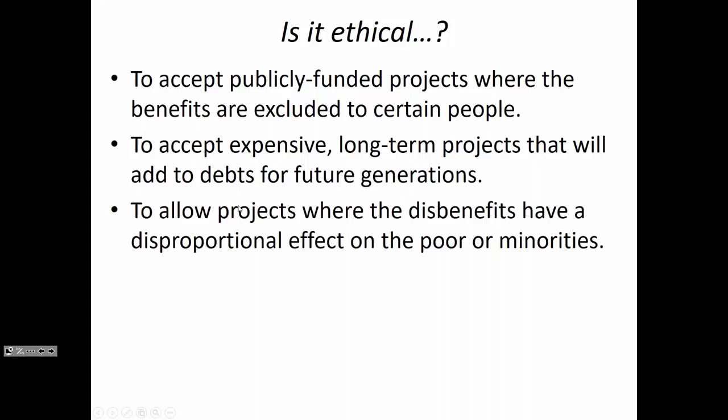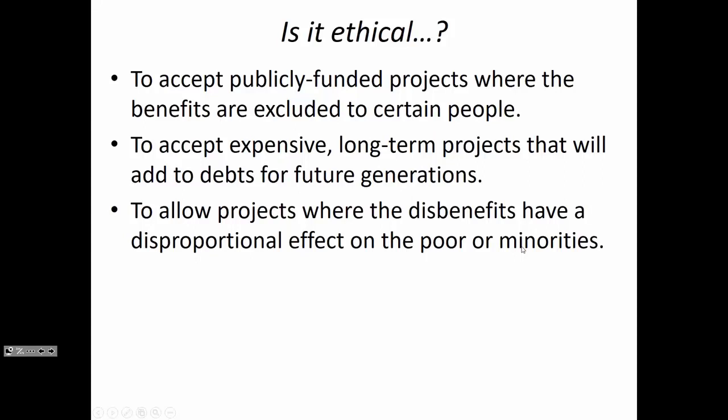I spoke about this earlier, the idea of projects where the poor or minorities are disproportionately disbenefited. When we were talking about where a road goes, oftentimes it's suggested to put interstate highways through poor areas because land is cheaper in poor areas. But then another part of that is just that poor people are in less of a position to put up a fight because they can't hire lawyers to the same extent that if the highway was going through a rich neighborhood, then people could afford lawyers to represent them and to fight that off.